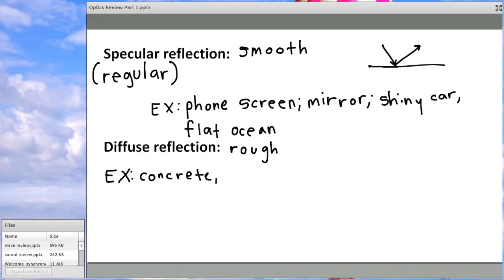Okay, so what happens with this diffuse reflection is you've got this rough surface. Excuse me. The law of reflection will still apply, right? So you're still going to have this one coming in at this angle and going out. But then you've got this angle here and it's coming in here and going out here.